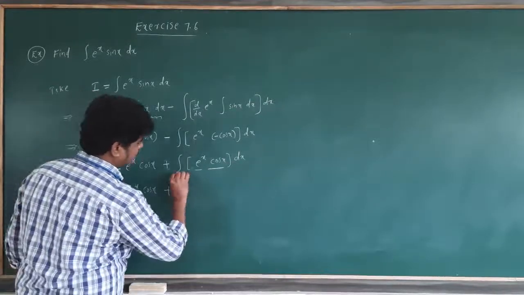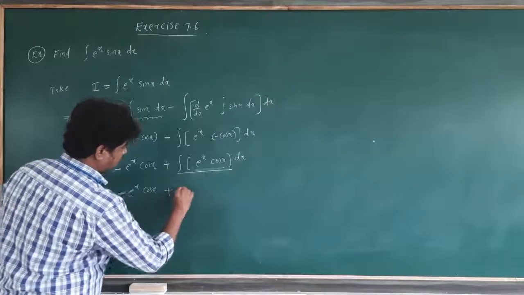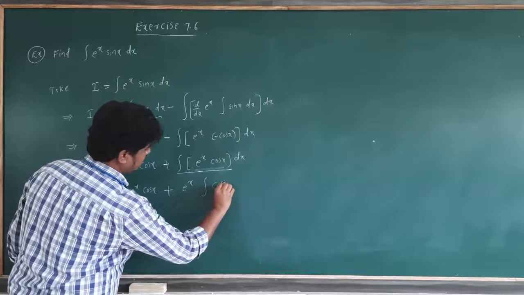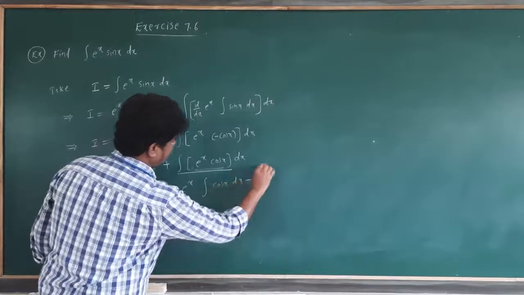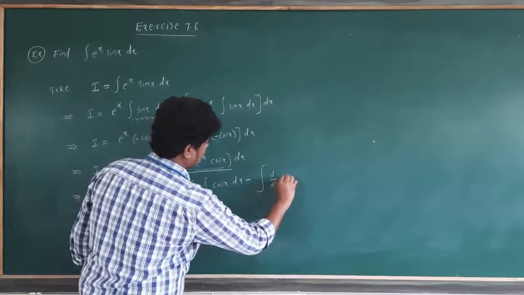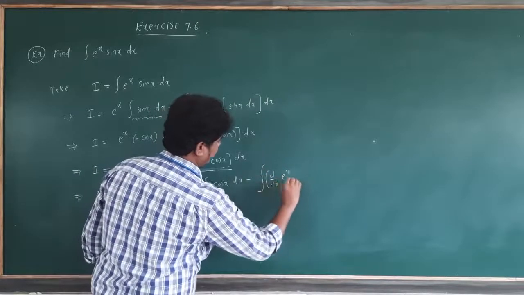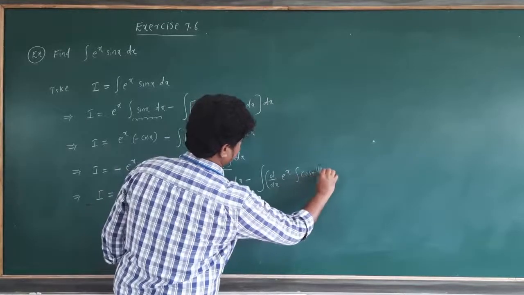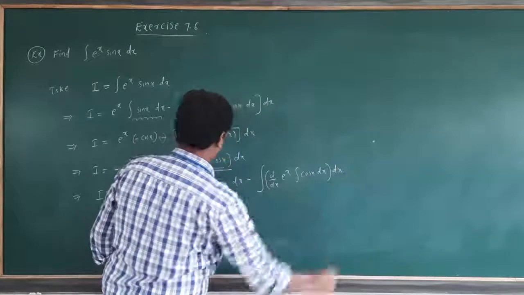Now what we can write is first function into integral of second function dx minus integral of the derivative of first function into integral of second function dx, whole dx.